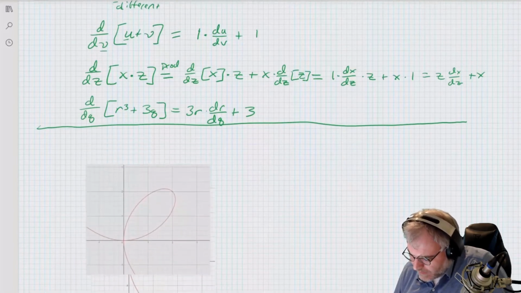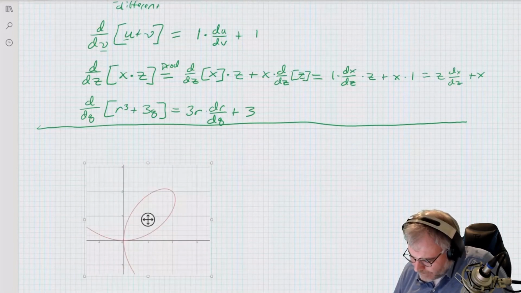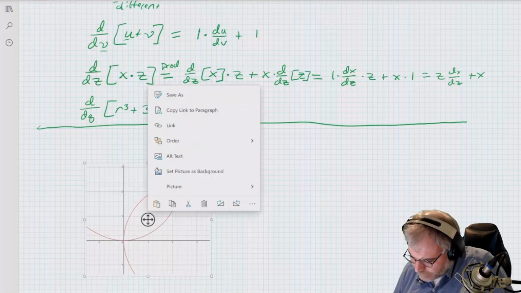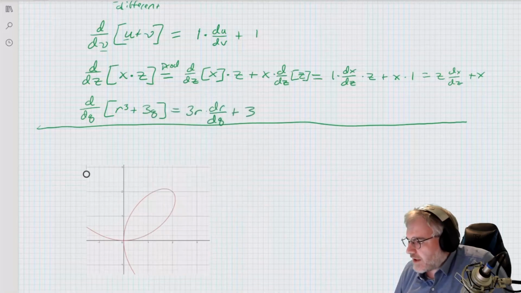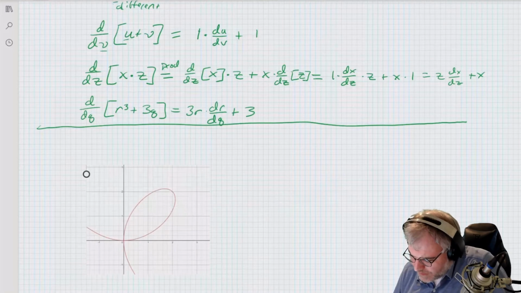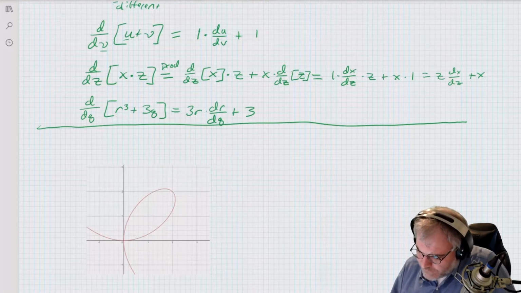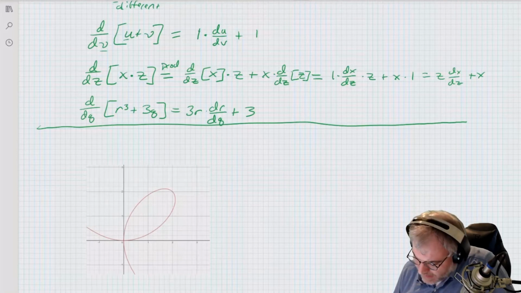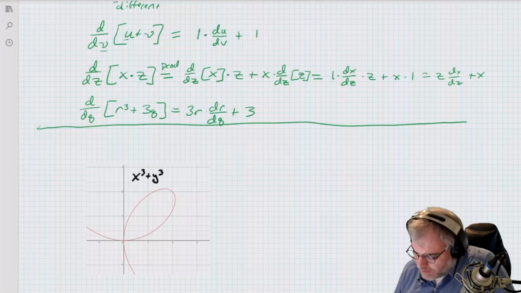All right, let's do another example. This is called the Folium of Descartes. This particular Folium of Descartes, the equation for this curve here, is x cubed plus y cubed equals 4xy.